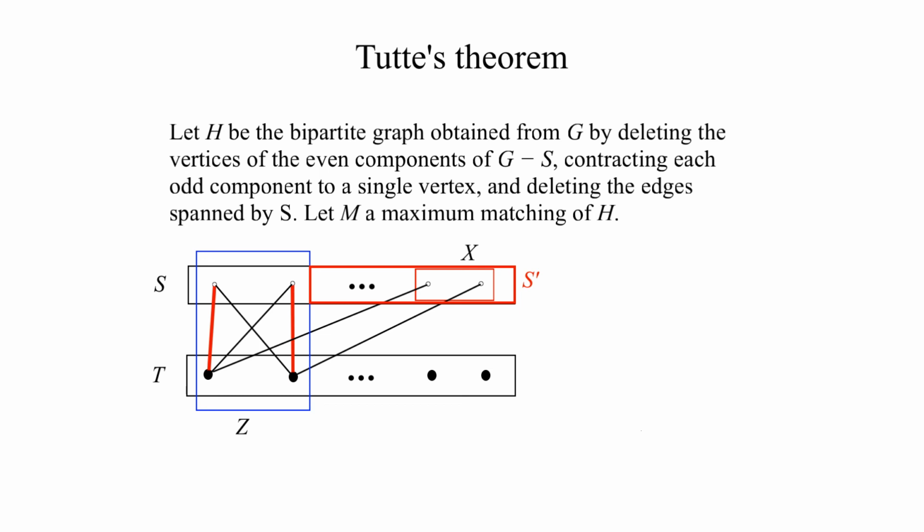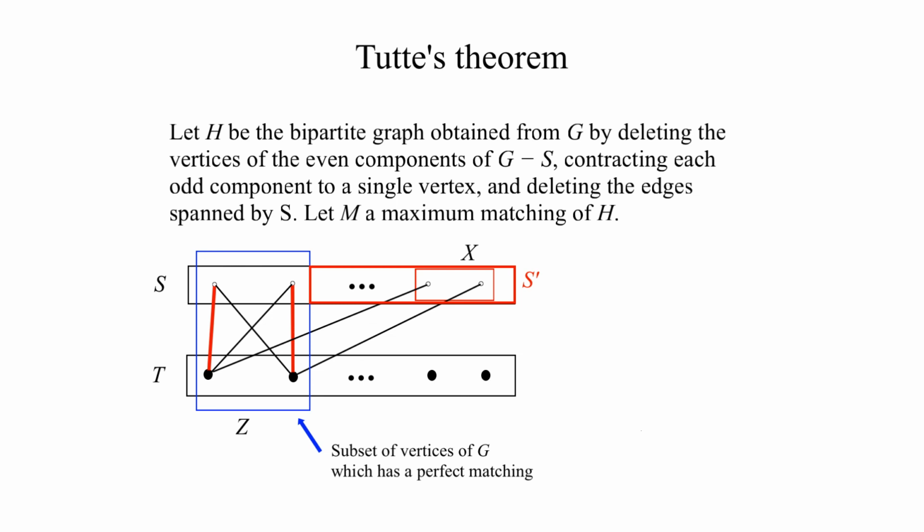Using the two properties of the components of G minus S we have proved, it follows that the vertices of S intersection Z, plus the odd components that are joined to them by the edges of M, form a set of vertices of G which has a perfect matching.